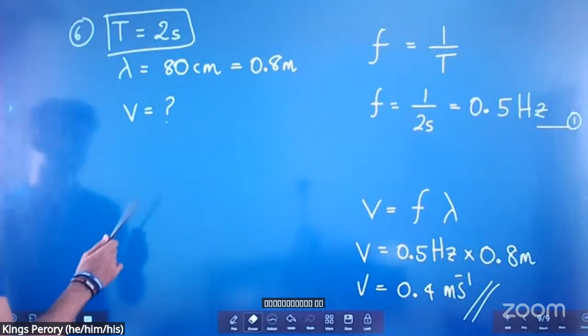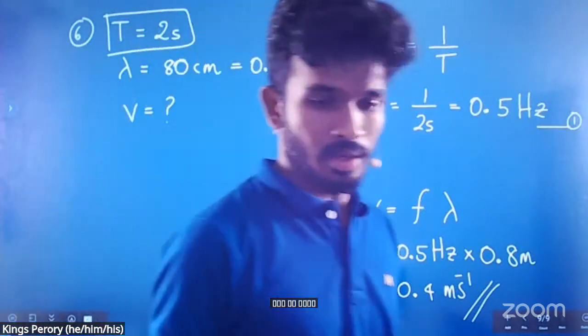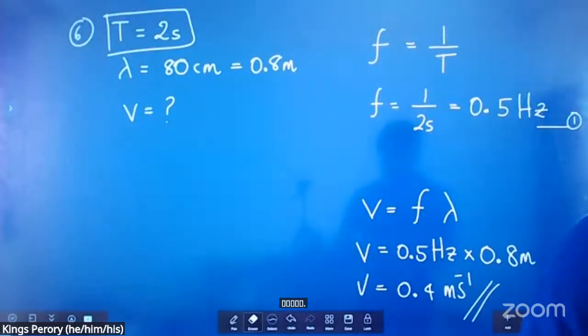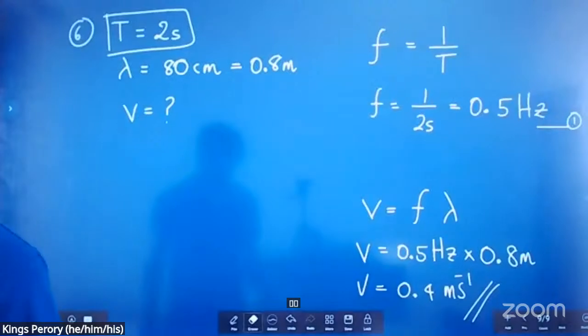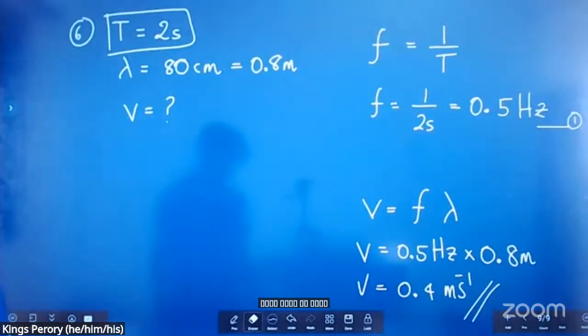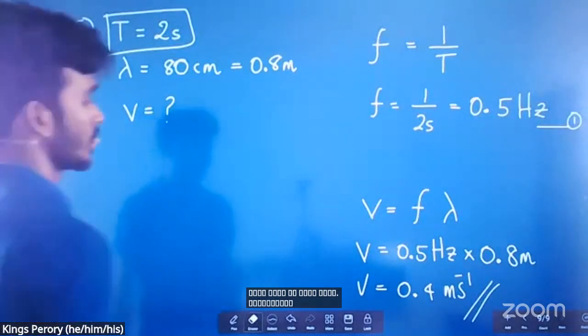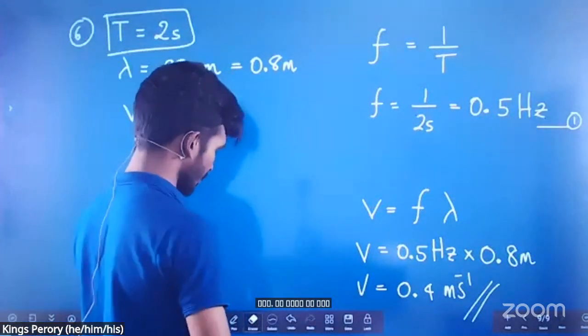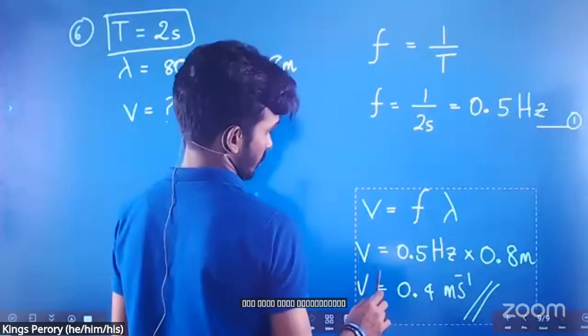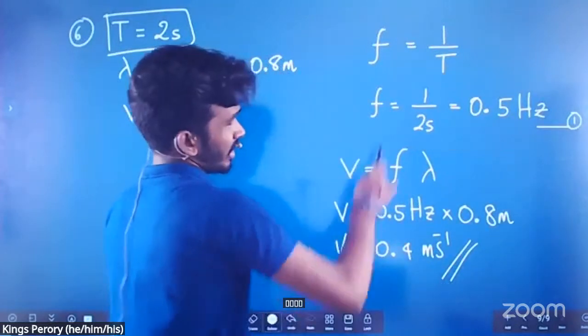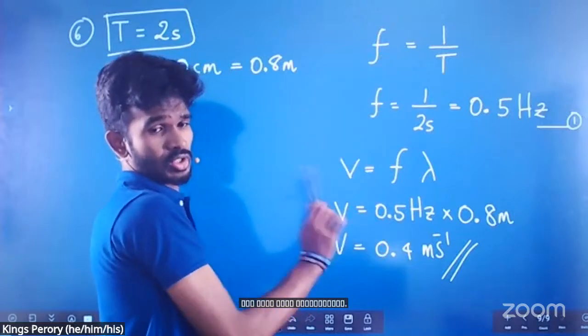Excuse me, sir. Sir, can we use fractions for this instead of decimals? You mean the final answer? Yes, sir, and the calculation part also. Calculations you can do in fractions, no problem.